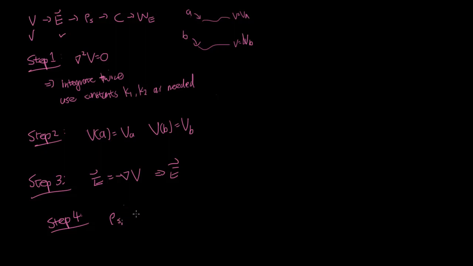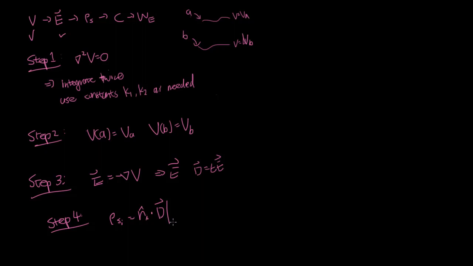Right, so for each boundary, we can find the charge density by using the fact that rho s for that particular boundary is going to be equal to n_i dot D. And remember, D is equal to epsilon E. Remember that D is a vector function, right? So you have to put in a location to get the vector of interest.